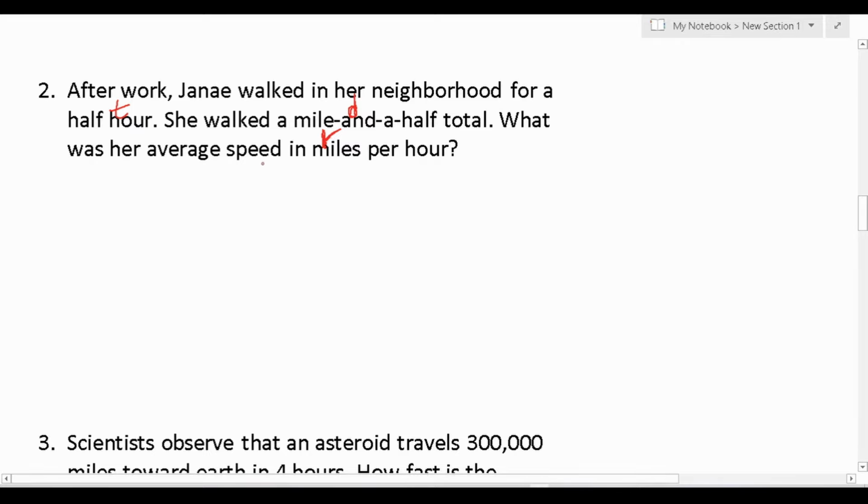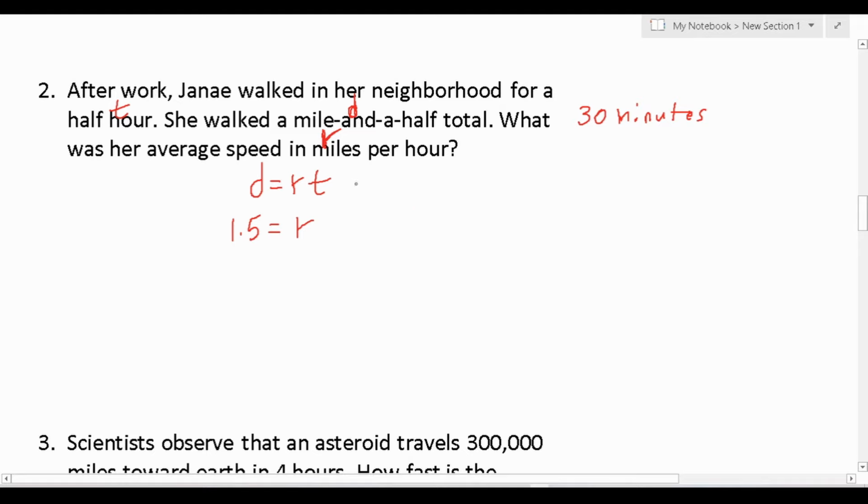So again, we're going to start by writing down the distance formula. Let's plug in what we have. We have distance, 1.5 miles, so that's 1.5. We're trying to figure out what her average speed is, or what R is, so we're going to leave that as R. And we're told that she walked for half an hour. Half an hour is the same as 30 minutes.